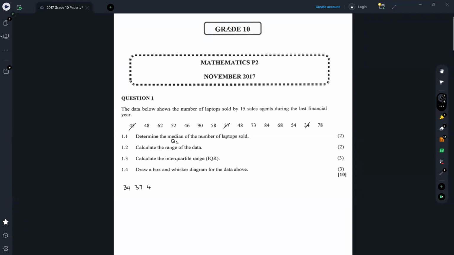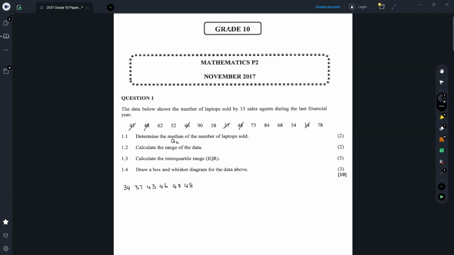So I'm going to list 43. Then it will go to 46. After 46, I think we have two 48s. So this 48 and that 48. So we have 48 here, 48 again.